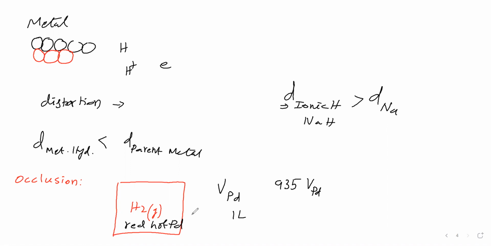Hydrogen is a gas, so transporting gas is difficult, but transporting a solid is easy. Therefore, whenever you want to transport hydrogen gas, take red hot palladium, keep it in hydrogen gas and cool it.